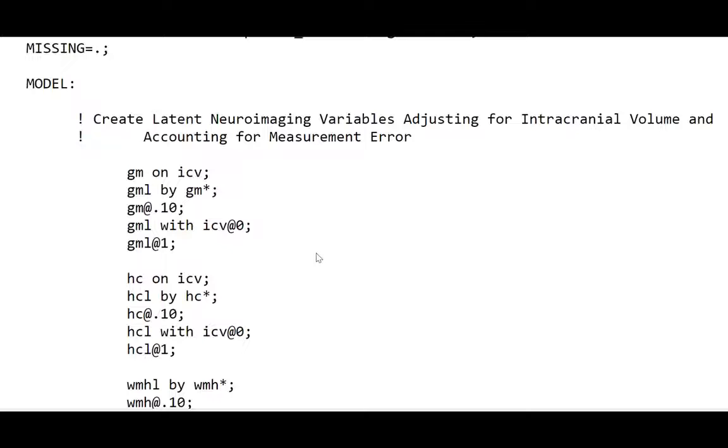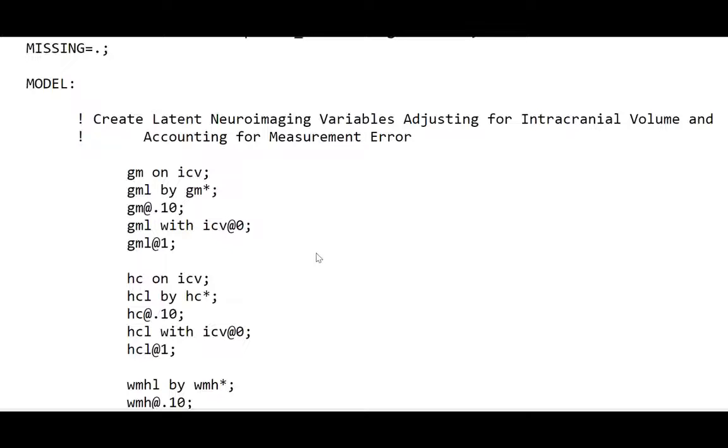So reliability is true variance over total variance. So if total variance is 1 and the error variance is 0.10, the true variance would be 0.9. So that's where that comes from.